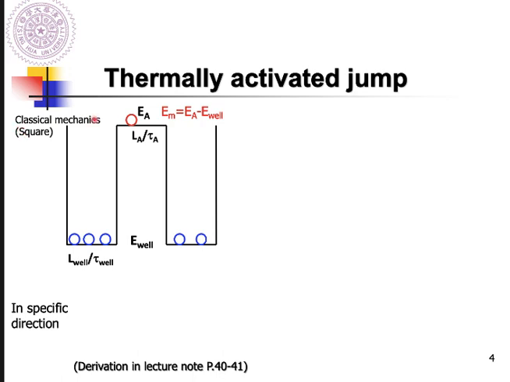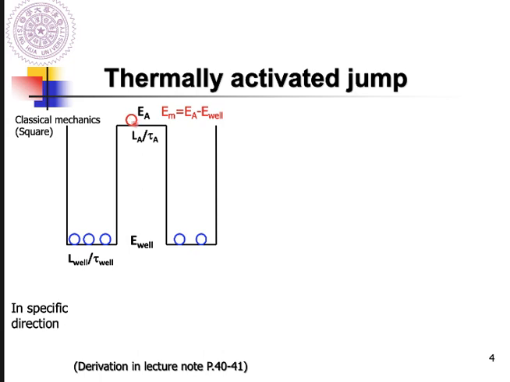In classical mechanics, we have a square potential function shown like this, and the blue atoms sometimes stay in the well, meaning this well with the E well energy.